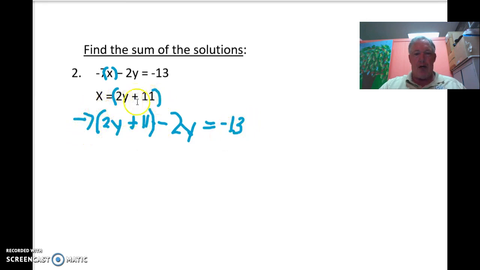We took what x is equal to, substituted in for x in the equation. We have negative 7 times what x is equal to, wrote out the rest of the equation, minus 2y equaling negative 13. Remember, we used the distributive method, so negative 7 times 2y is going to be negative 14y.